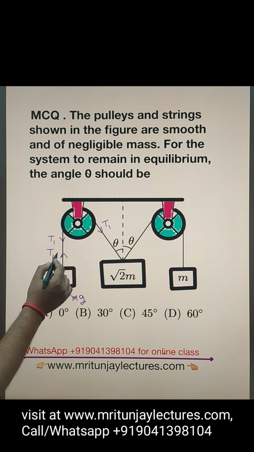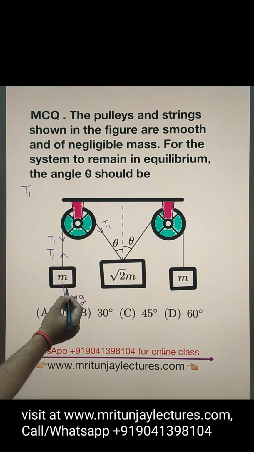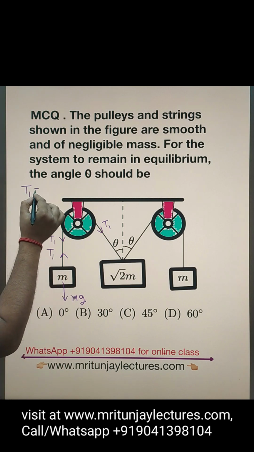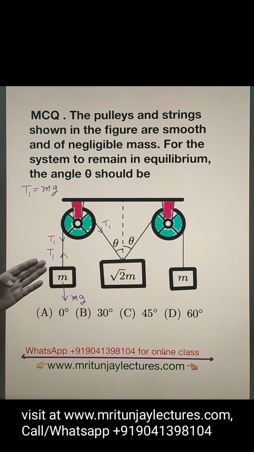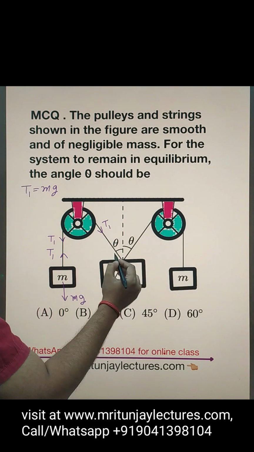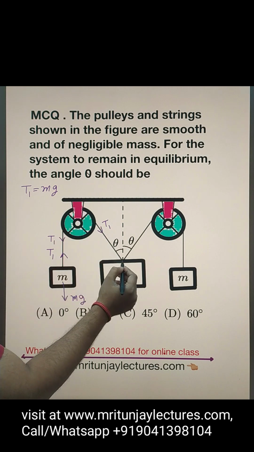So T1 is equal to mg, the net force on this m block is 0, so if T1 is equal to mg, then this one is not moving.